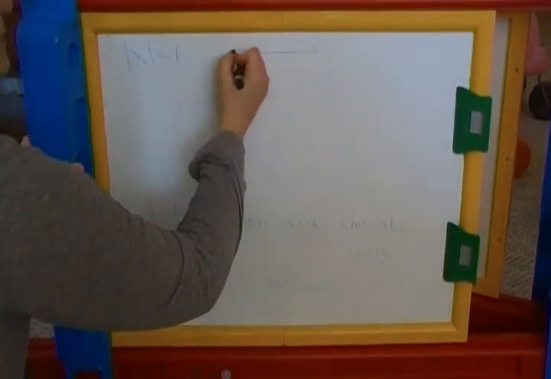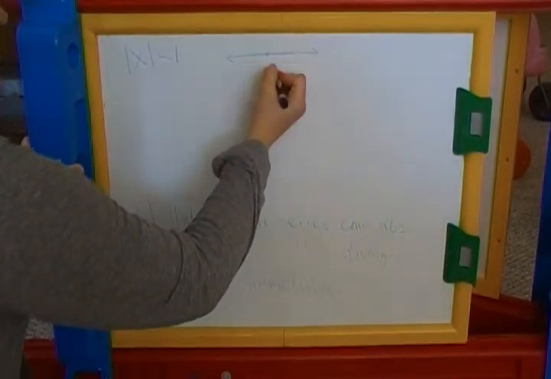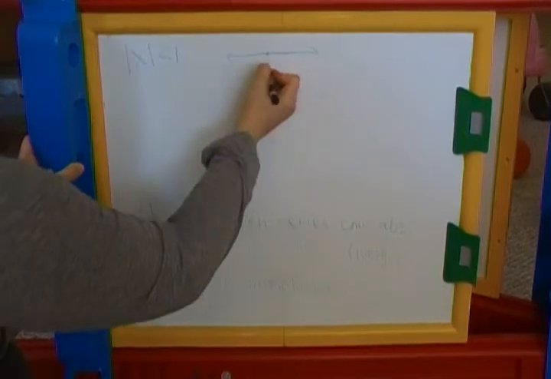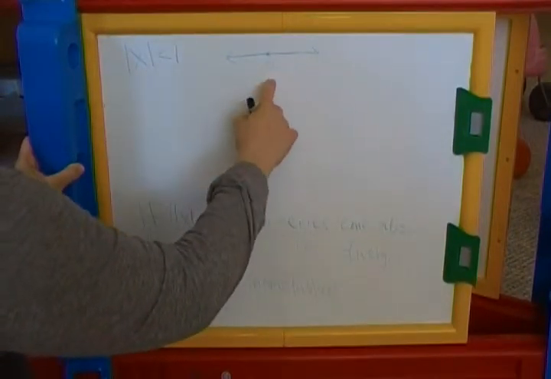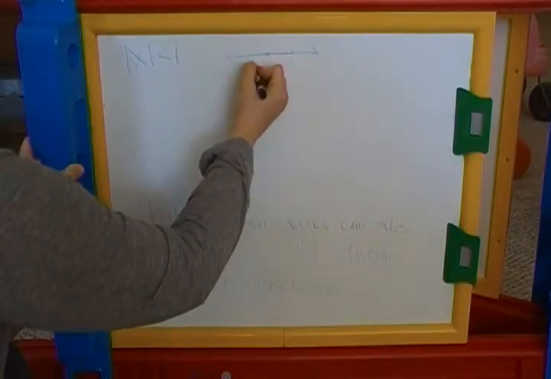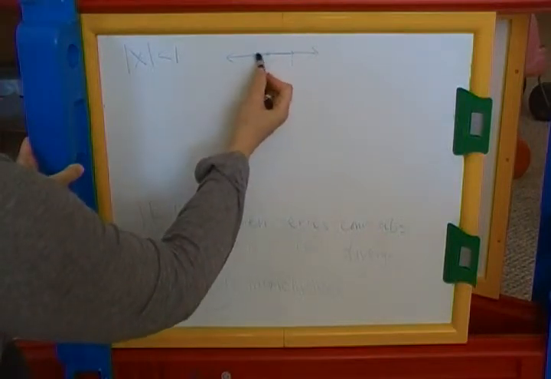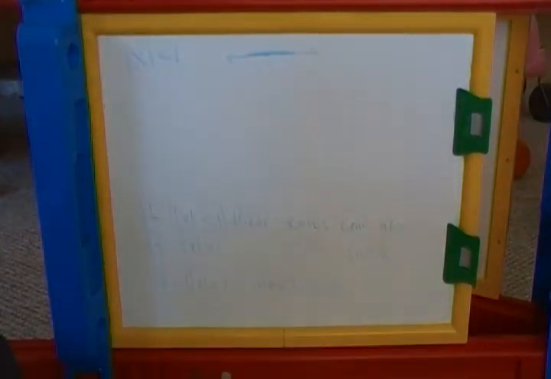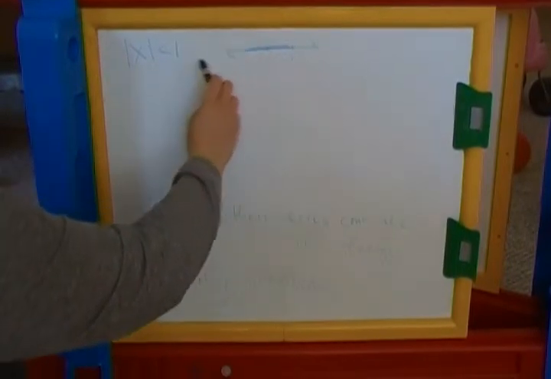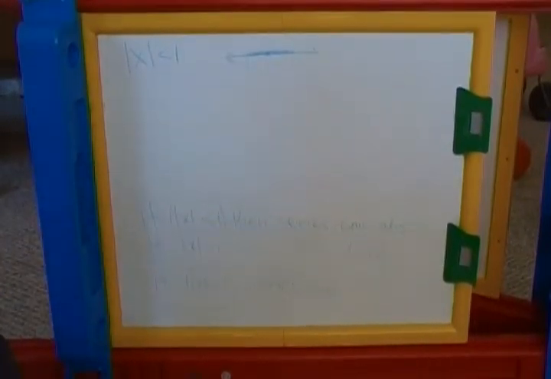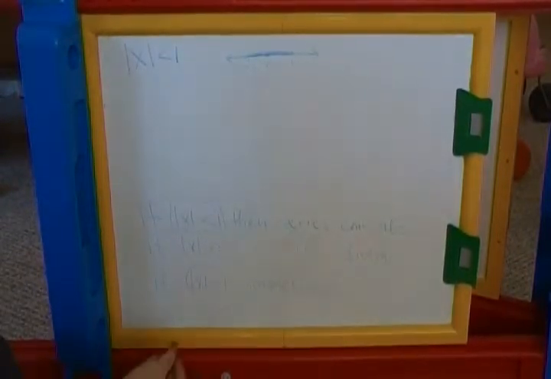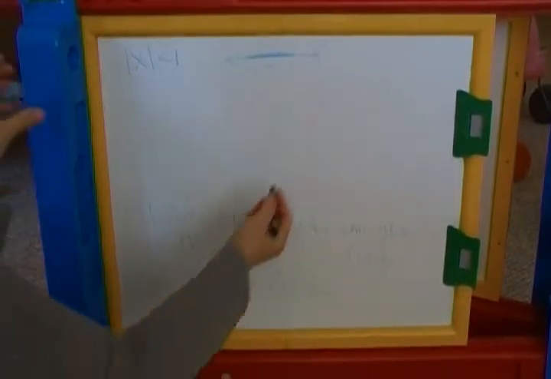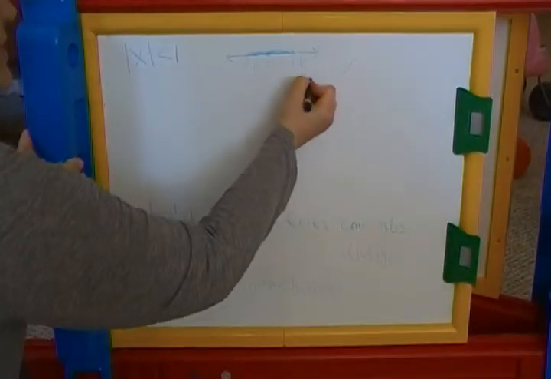So on the number line, all numbers that have a distance less than 1 away from 0 would be the values between -1 and 1, with the endpoints not included because of the strictly less than. And so what we're really checking here, where it's inconclusive, where absolute value of x equals 1, are these two endpoints.